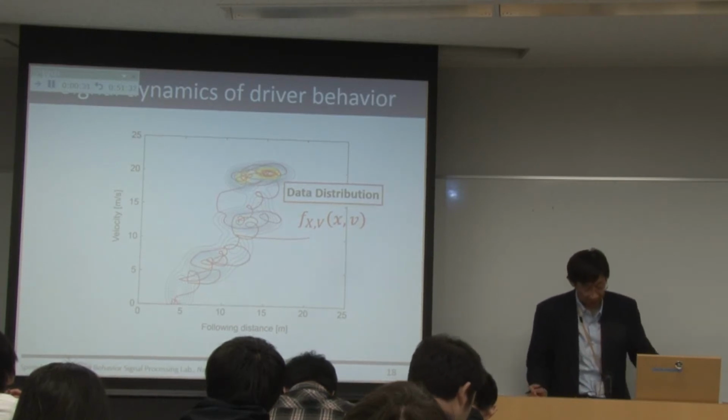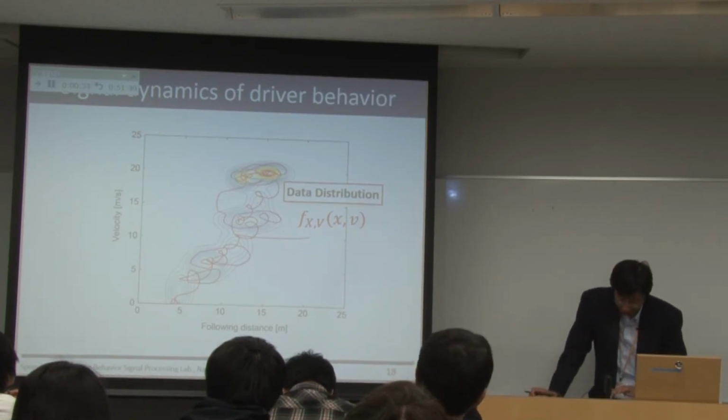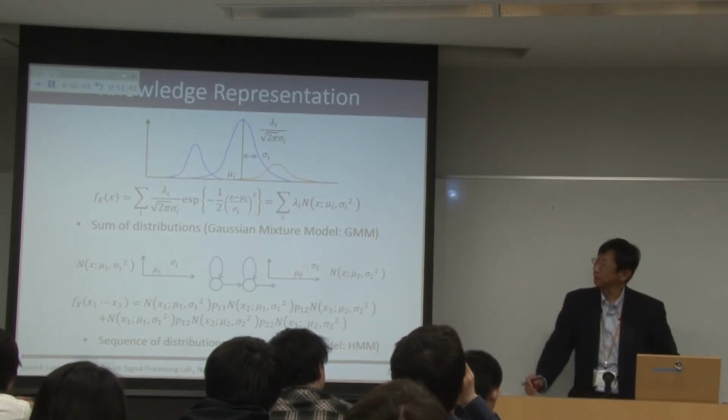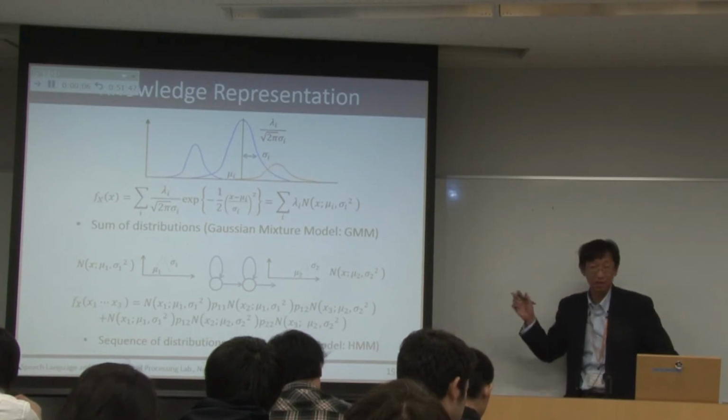But this is a very tiny thing. Please remember that anyway, there are two very useful technologies. One is Gaussian mixture modeling, and the other one is the hidden Markov model.